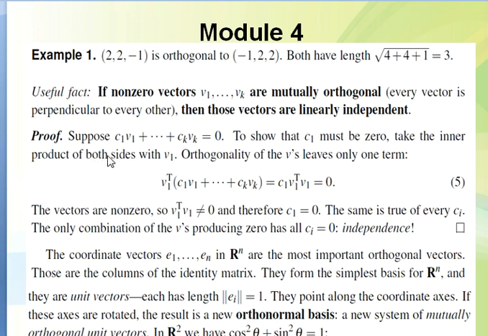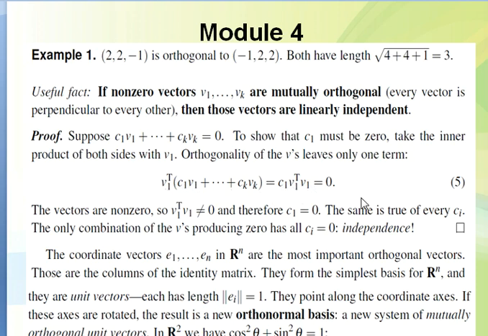So when we go for the inner product, we have to multiply by V1 transpose, let's say with the first one, V1 transpose.